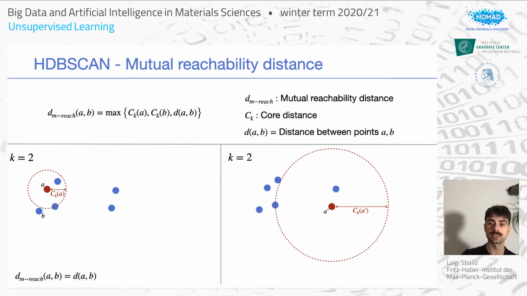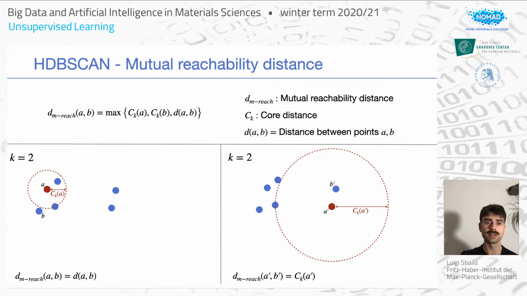If we instead compute the mutual reachability distance between A prime and B prime, in the example to the right, we will find that even though those particles are pretty much the same distance apart as A and B, their mutual reachability distance is greatly increased, because it becomes equal to the core distance of A prime.